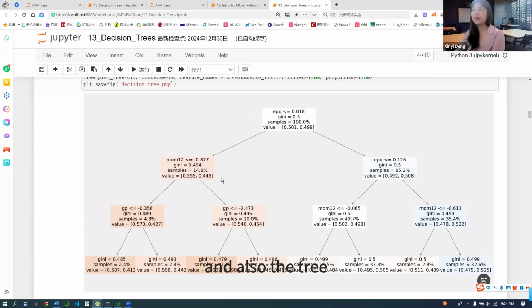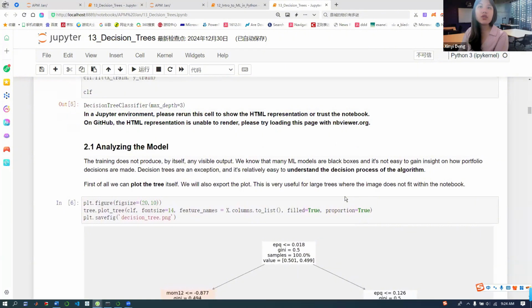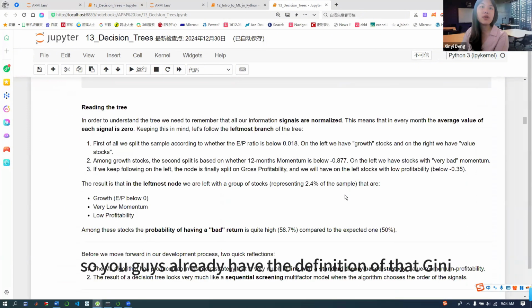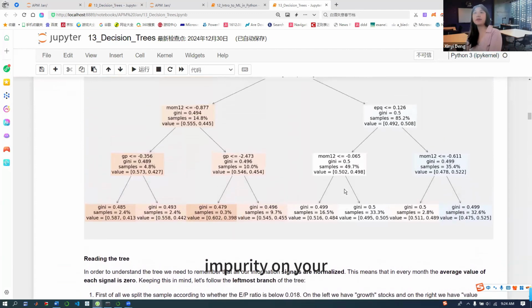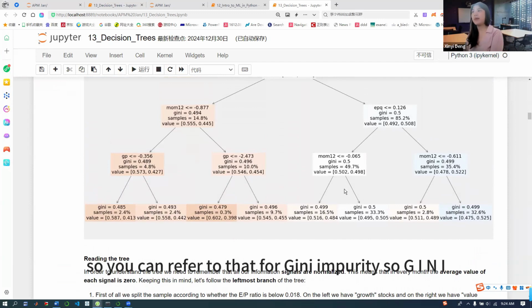And also the tree will be built based on one fundamental measure, the so-called Gini impurity. You already have the definition of Gini impurity on your lecture slides, so you can refer to that.